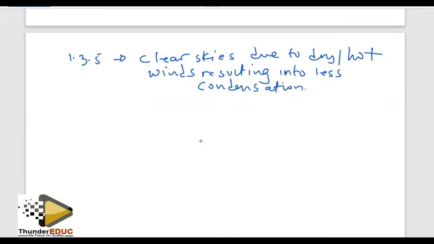Remember, when air is dry, it means it will have low humidity, resulting in less condensation taking place, giving us clear skies.